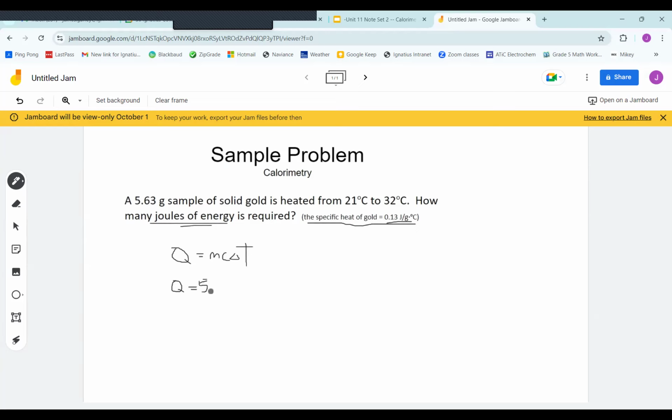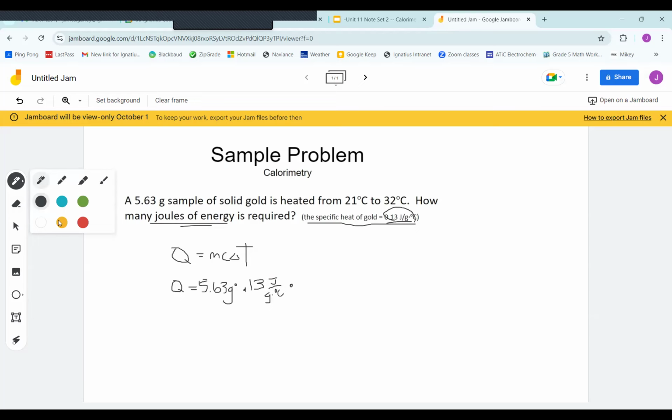So where it says M, I'm going to write 5.63. The specific heat capacity is what stands for C. I'm going to write 0.13, and the goofy units, joules per grams times degrees Celsius. And the temperature change.